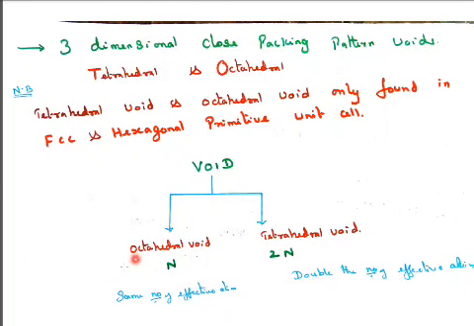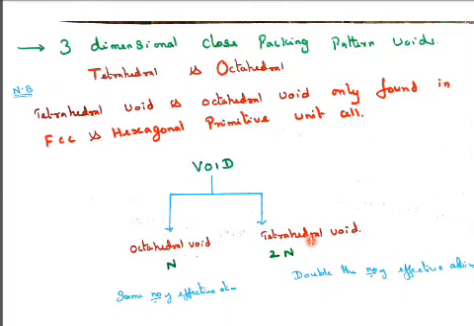So 4 into 1, 4 octahedral voids are formed in FCC, and 2 into 4, 8 tetrahedral voids, double the effective number.